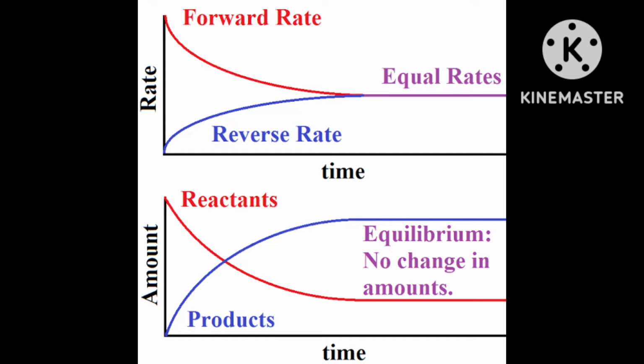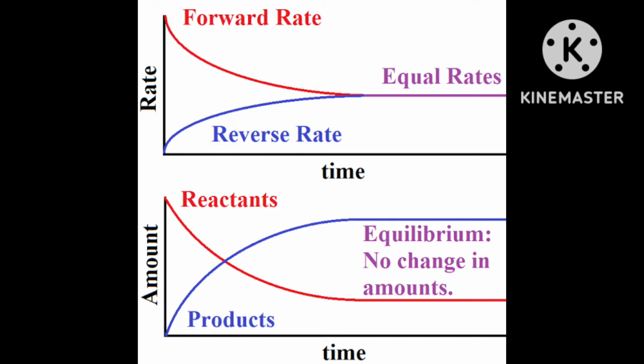These reactions can occur in both the forward and backward directions. When the rates of the forward and reverse reactions become equal and the concentrations of reactants and products remain constant, that situation is called chemical equilibrium. Means at chemical equilibrium, the concentrations of reactants and products remain constant.